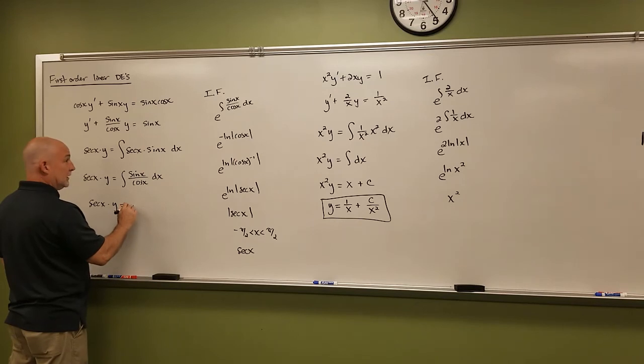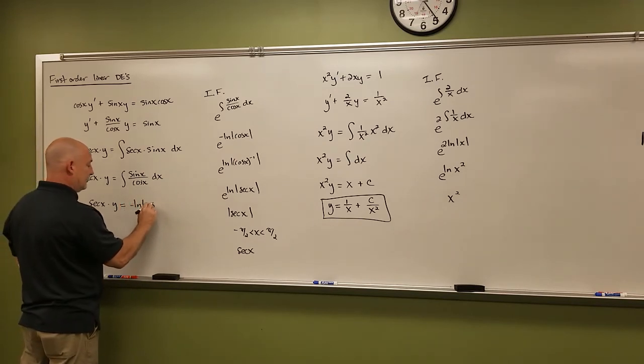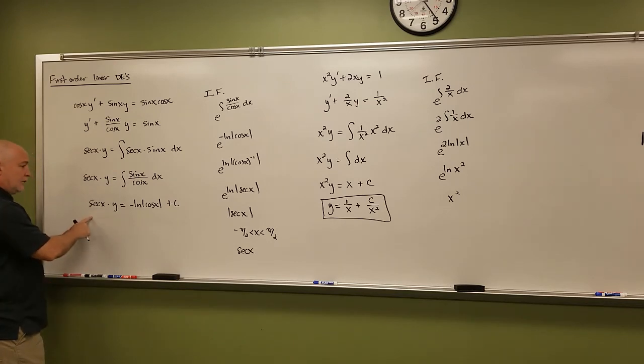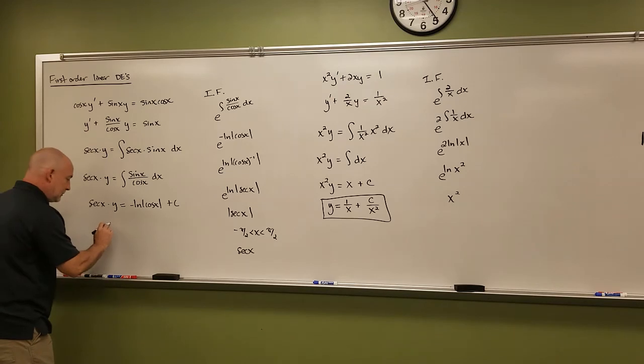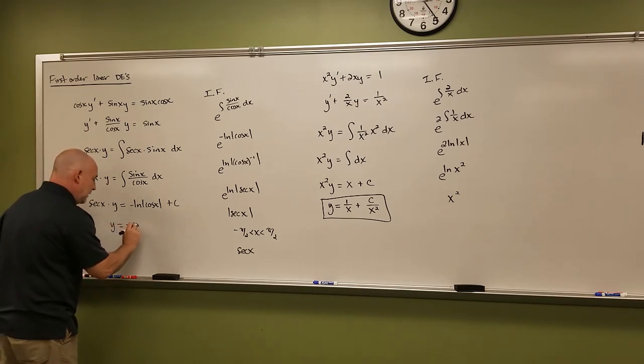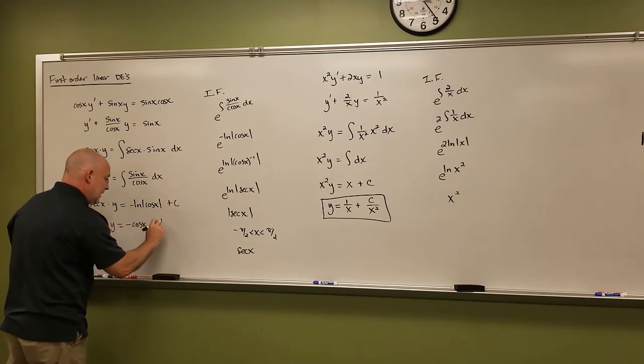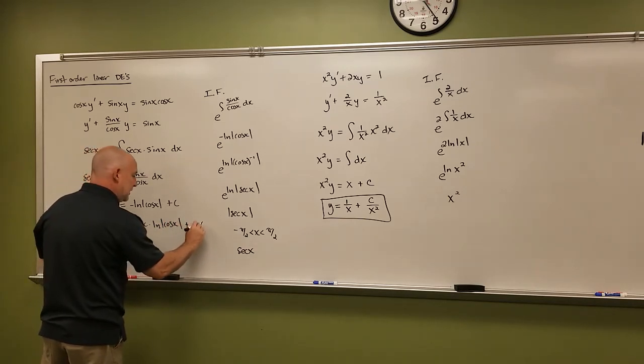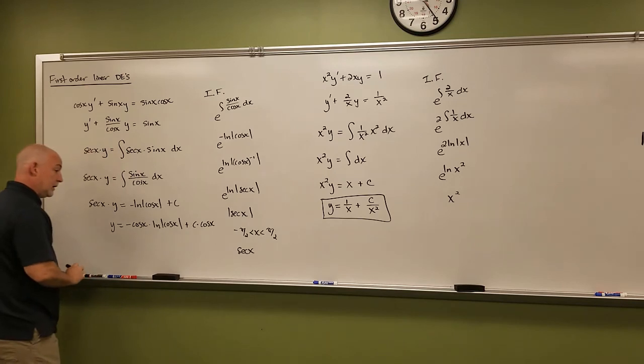That's the negative natural log of the absolute value of cosine, plus c. All right, so to solve for y, all we've got to do is multiply through by cosine, or divide through by secant, same thing. So we get y is equal to negative cosine x times the natural log absolute value of cosine x plus c times cosine of x.